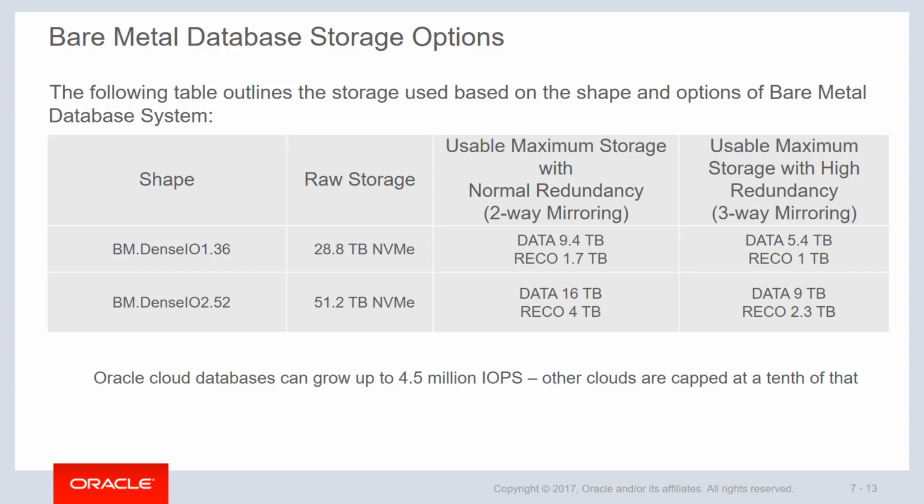Now, customers have an option of either two-way or three-way mirroring. Three-way mirroring, of course, gives us the best possible redundancy at the cost of a little extra storage overhead. So that 51 terabytes of raw storage becomes about 9 terabytes of usable data storage, with 2.3 terabytes of storage set aside for the recovery files.